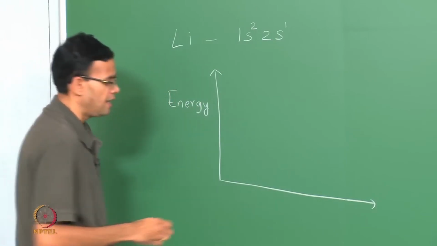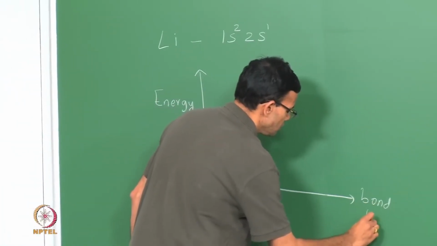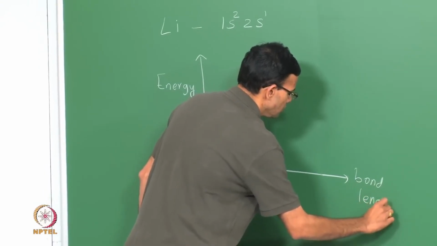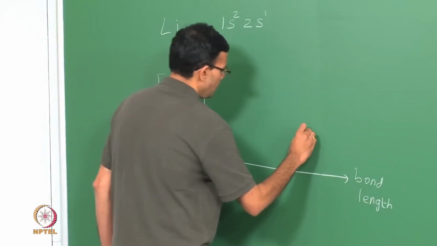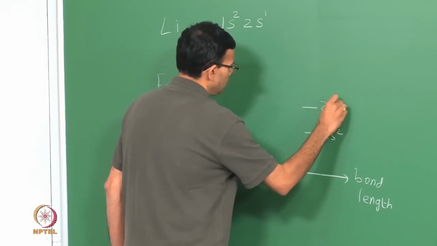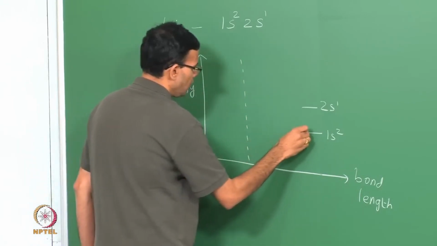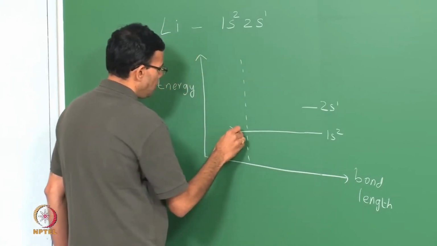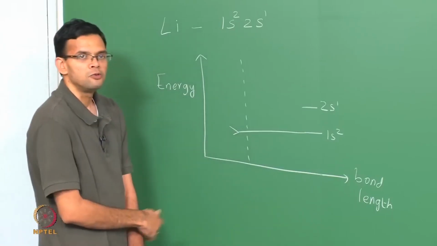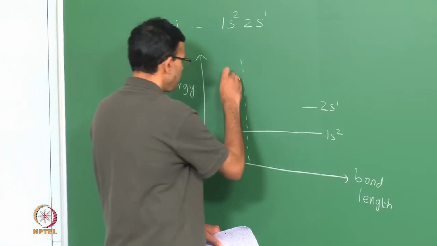So, we can draw the energy versus bond length diagram. The 1s shell is not involved in bonding, the 2s shell is involved in bonding and basically forms a band.